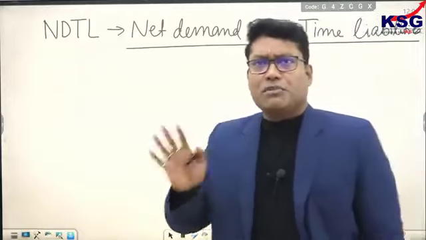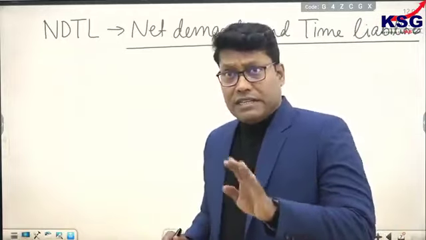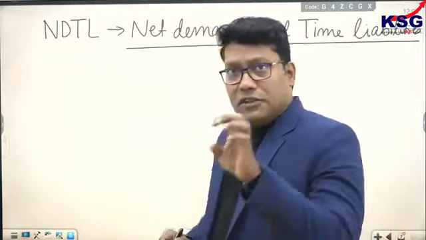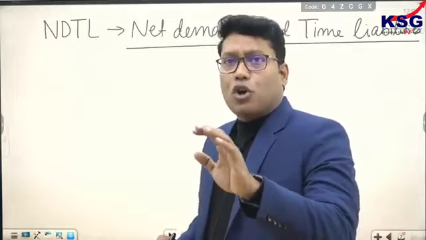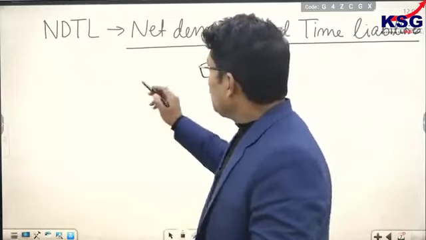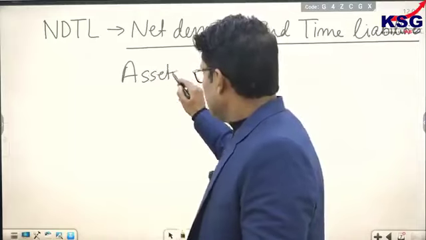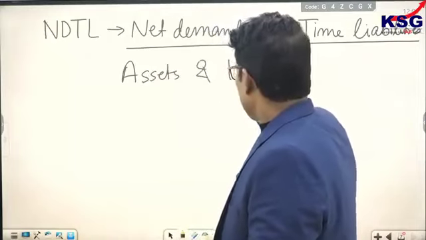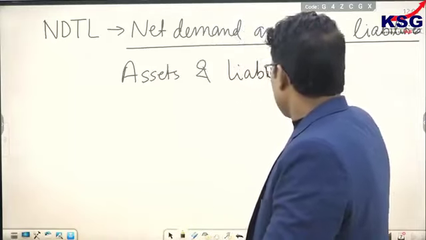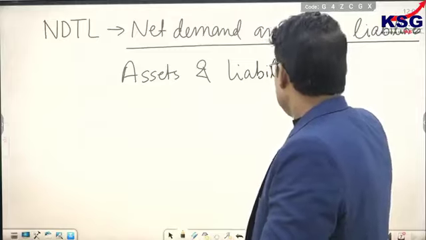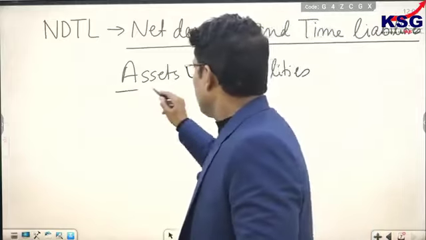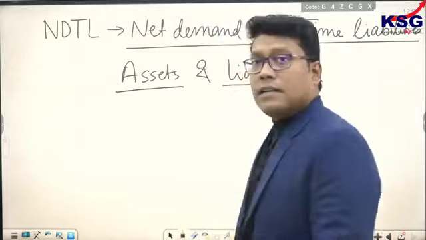I'm not going to define it initially, but please try to get it. In the financial system, and in economics also, there are two concepts we use. One is known as assets and the other is known as liabilities. Assets and liabilities.